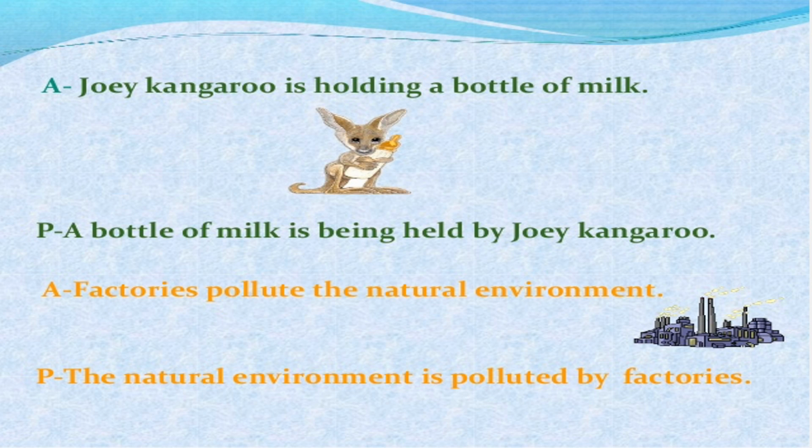Then we have, Joey Kangaroo is holding a bottle of milk. That's active, and in passive it will change to, a bottle of milk is being held by Joey Kangaroo. Factories pollute the natural environment. The natural environment is polluted by factories.